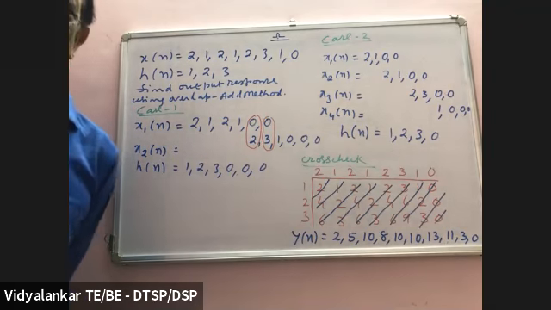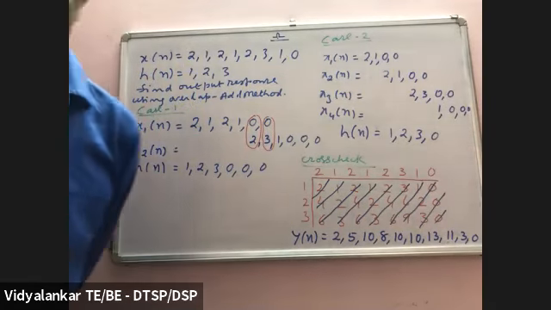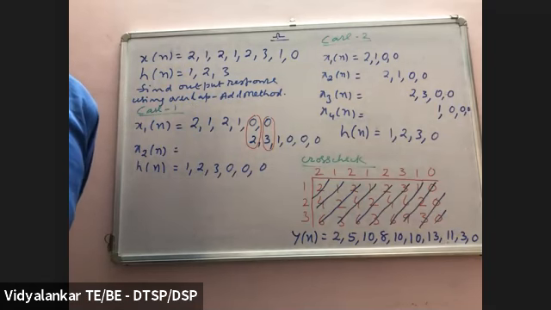So what are the important points to remember in this overlap add method? Sir, when the values are in prime numbers, we have to add a 0. But that is the number of overlaps.